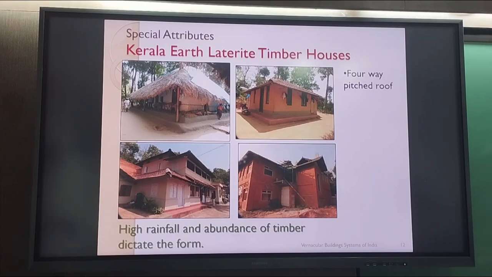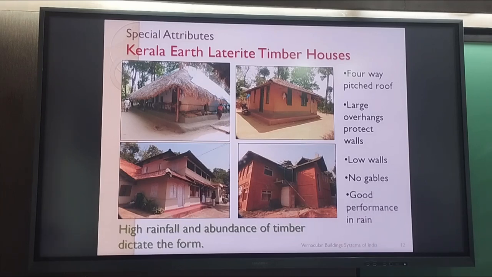So a four-way pitched roof is very common, and typically you have very large overhangs, so your walls get protected, especially the earth walls. The walls are low because of the four-sided roof, in the absence of a gable, and they perform very well. Most of these traditional systems perform exceedingly well in the given context.